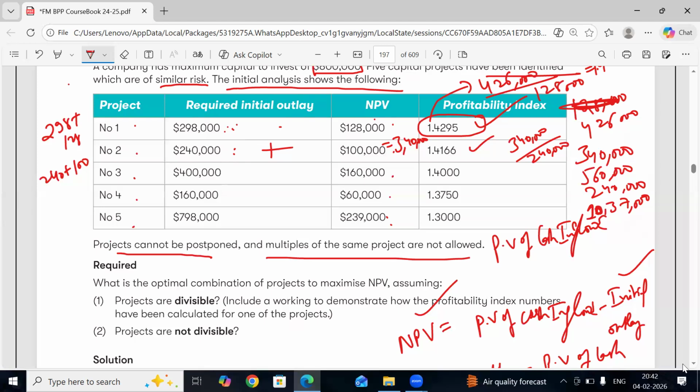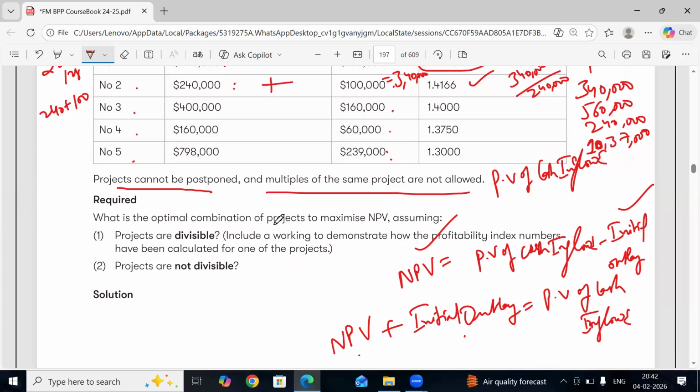What is the point they're giving? What is the optimal combination of projects to maximize NPV, assuming first that projects are divisible? They themselves told us to consider that it is divisible, and secondly, that it is not divisible. When they say divisible, we have to take the profitability index, and when they say it is not divisible, we have to take the NPV.